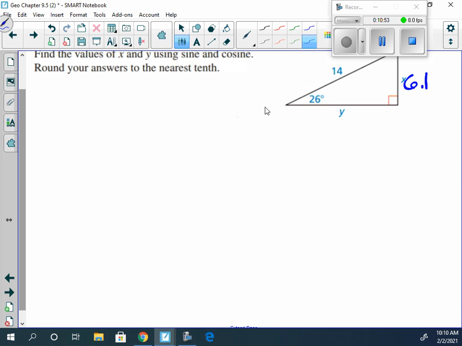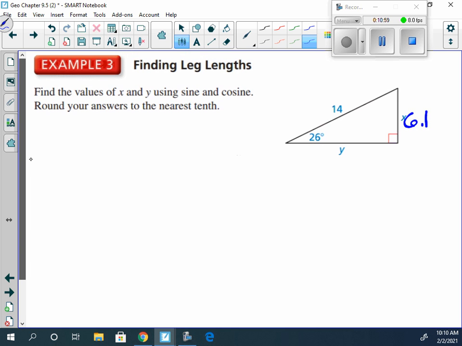So we can still use sine and cosine to find it, but which did I use this time? Well, how does 26 and that side length go together? Are they opposite, adjacent, or is y the hypotenuse? It's adjacent, yes. That angle and y are adjacent. Well, which one deals with adjacent?